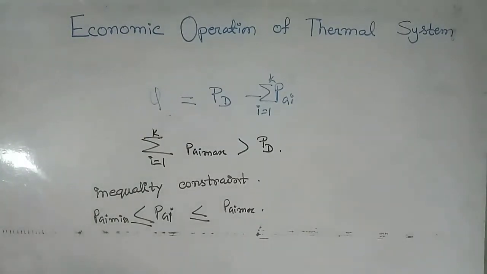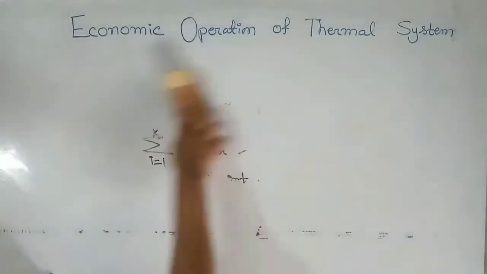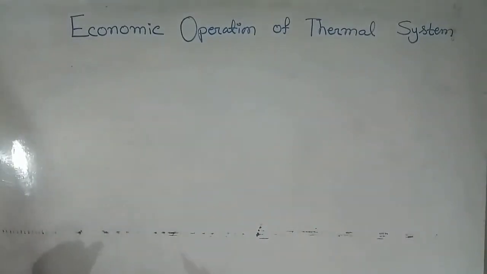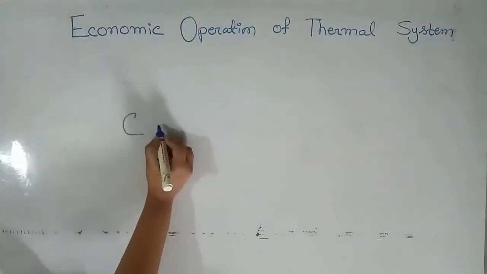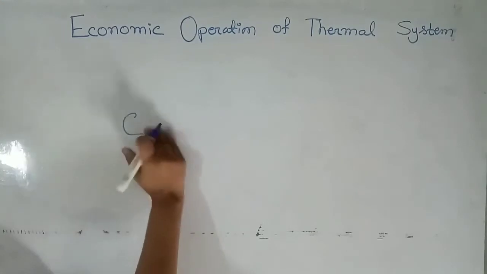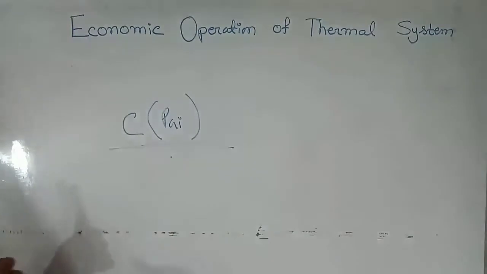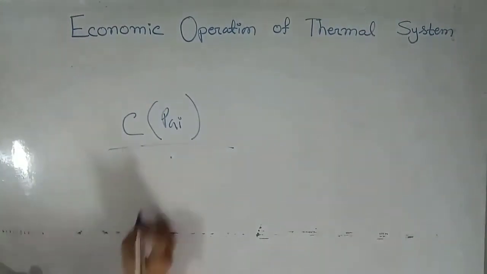So PGi min and PGi max are the lower and upper limits of the real power output of the ith generator. Now again it is assumed that C, the total cost, is a function of PGi, real power generation, and it is insensitive to reactive power generation, that is QGi.